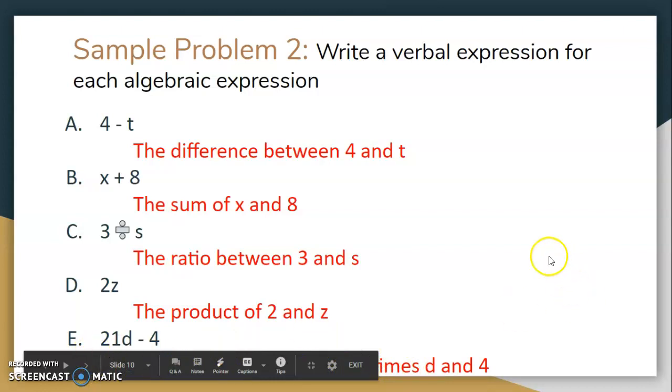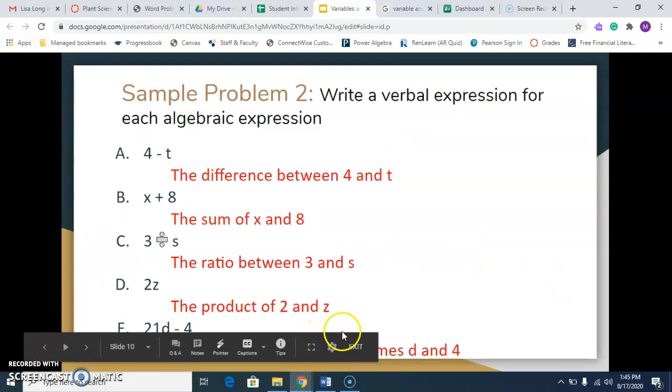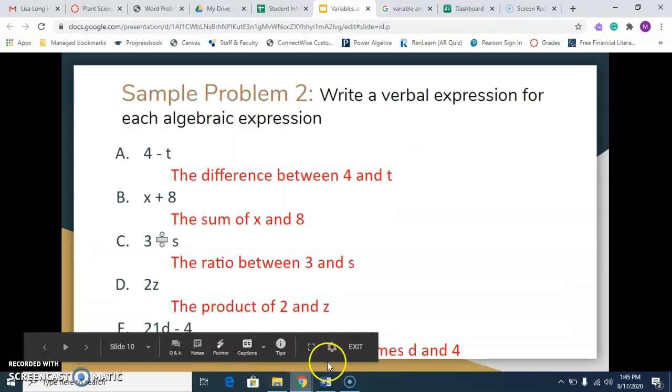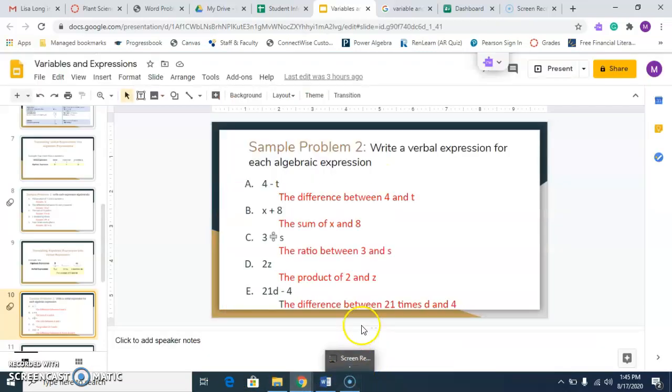And this would be the difference between 21 times d. So the difference is minus, and then 21 times d and 4. So you want to know what 21 times d is before you can subtract 4 from that product.